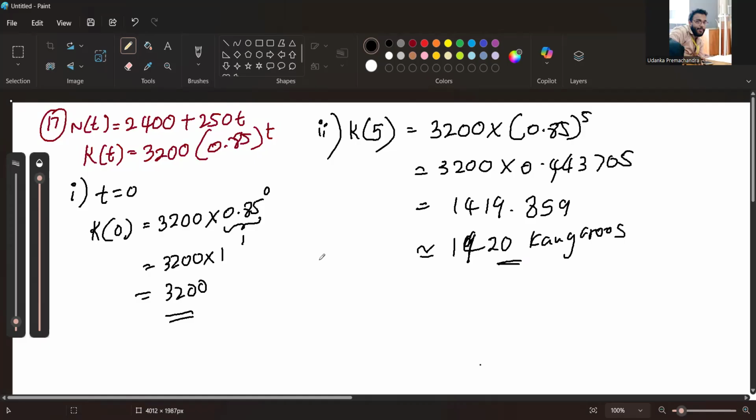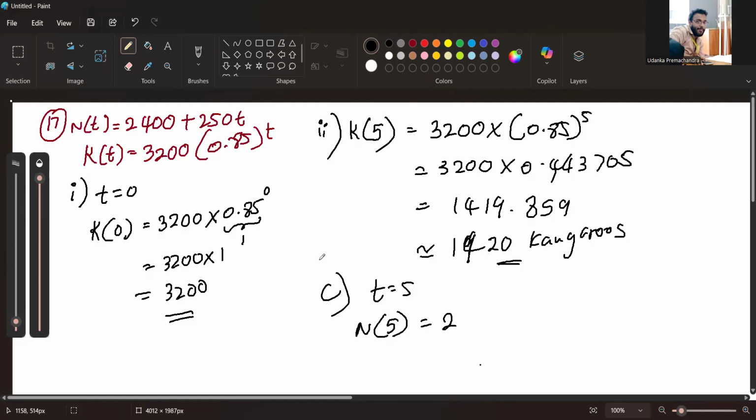And when you consider koalas at the beginning of 2005, the C part, sorry, koalas at the beginning of 2005, again T equals 5. So now it's the equation for the koala. So it's N(5).